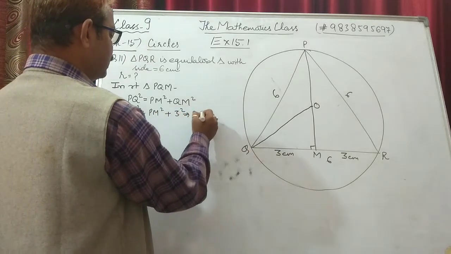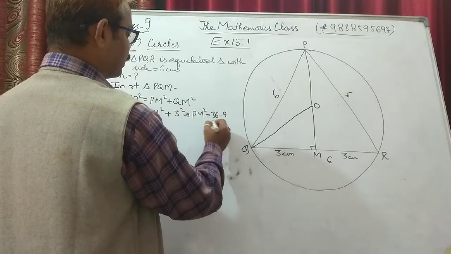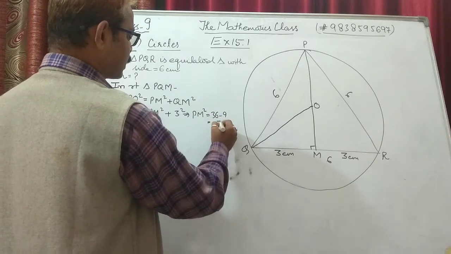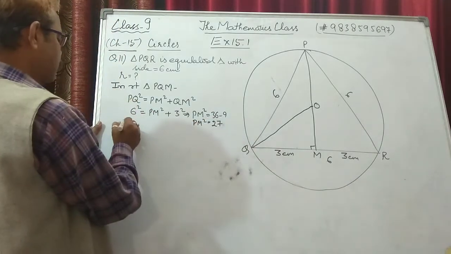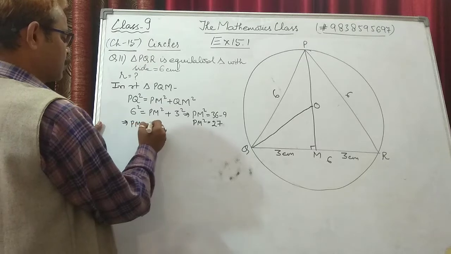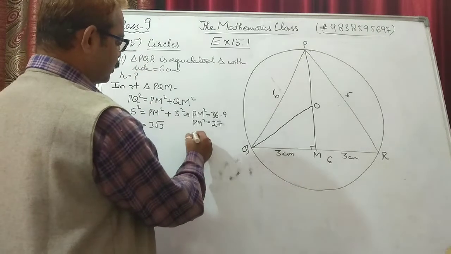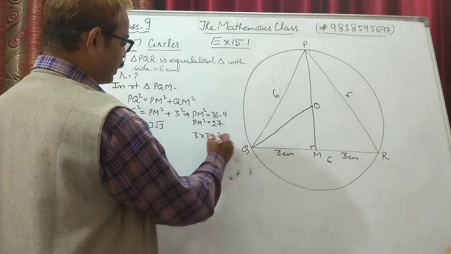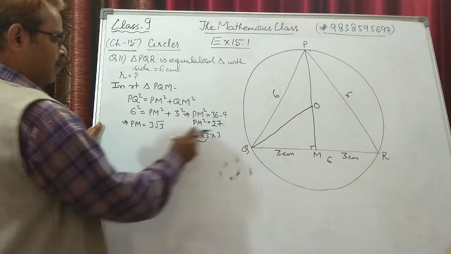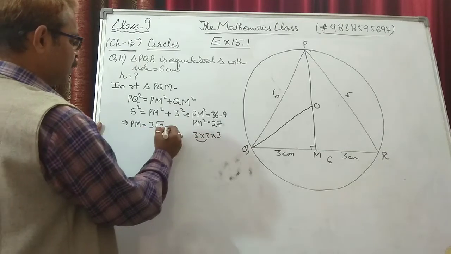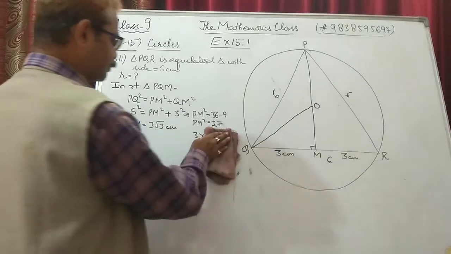This implies that PM square comes out to be 36 minus 9, that is 27. PM square is 27, so PM is equal to 3 root 3. Why? 27, if you factorize, is 3 into 3 into 3. When we take the root, two 3s come out of the root and one 3 is left. So 3 root 3 centimeters is the length of PM.